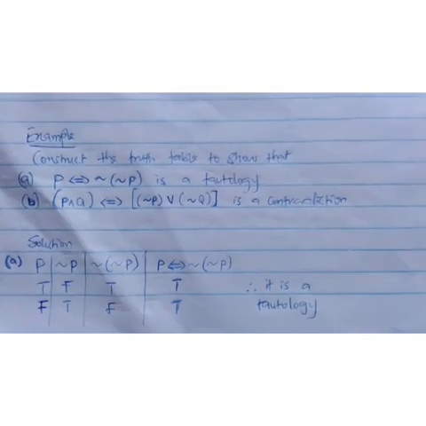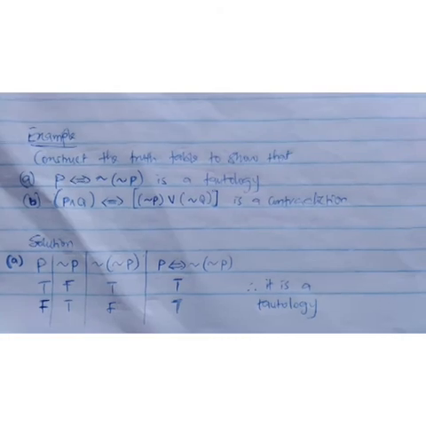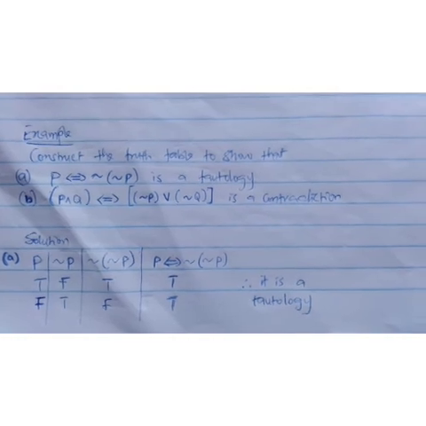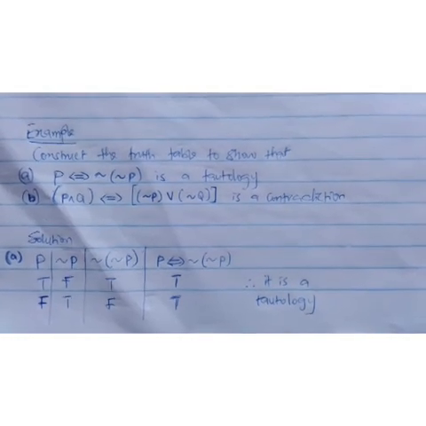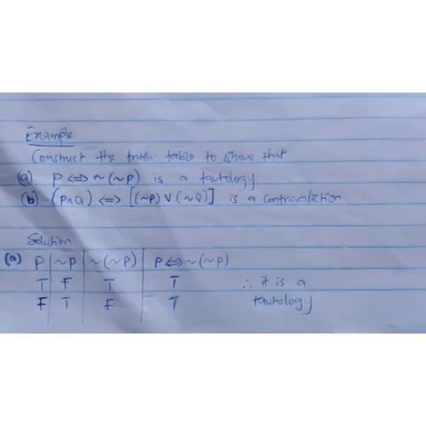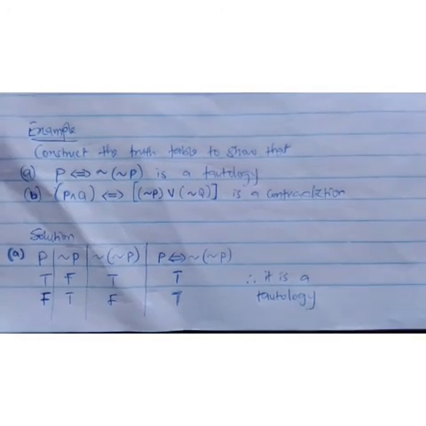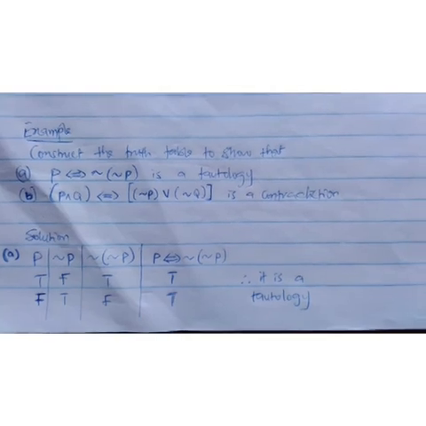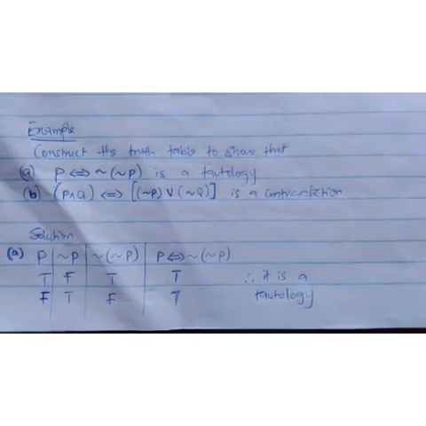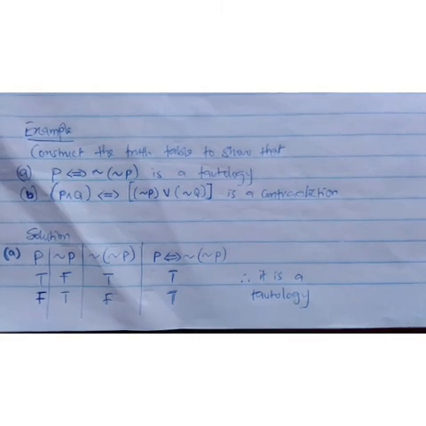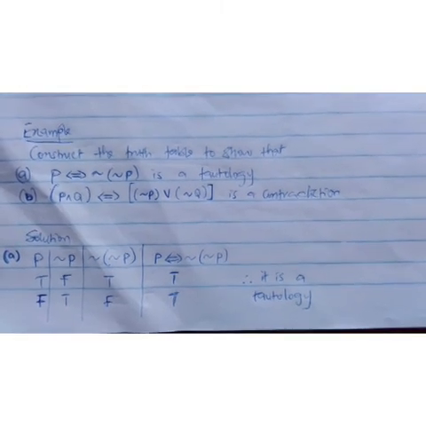Now I'm looking for not P first, which is FT. Now I have to look for not of not P, which brings us back to TF, which is P. Finally, for P biconditional not not P, we have it as true, which implies that when we have P and not not P both true, or both false, the statement is always true. So it is a tautology.